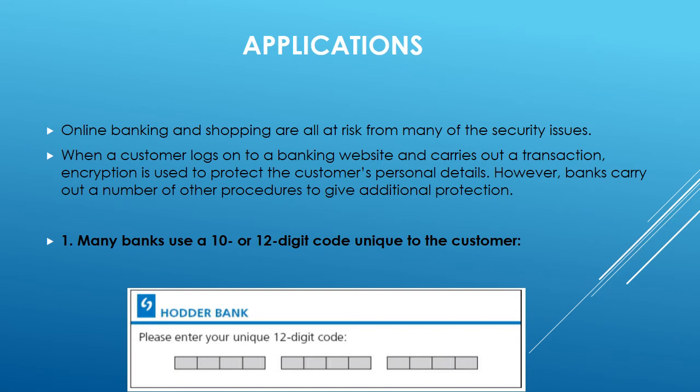However, the notes give some idea of the type of safeguards that might be encountered when a customer logs on to a bank's website. So number one, many banks use a 10 or 12-digit code, which is unique to the customer. In the diagram, you can see it is asking, please enter your unique 12-digit code to authenticate yourself.